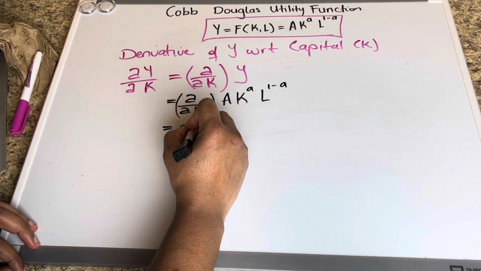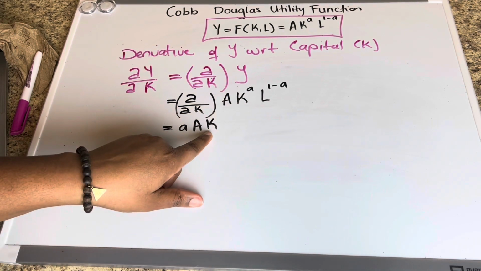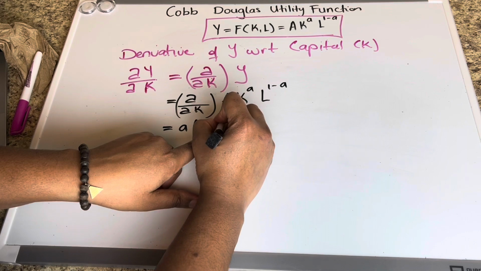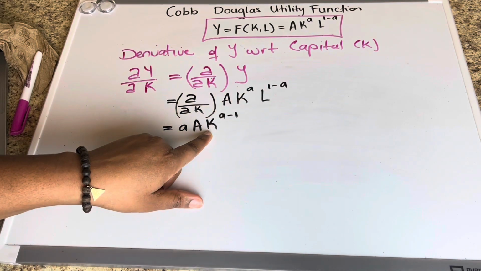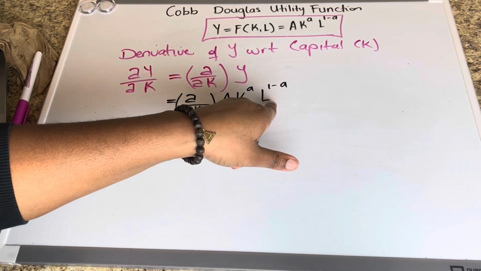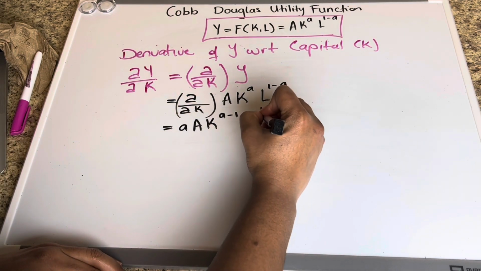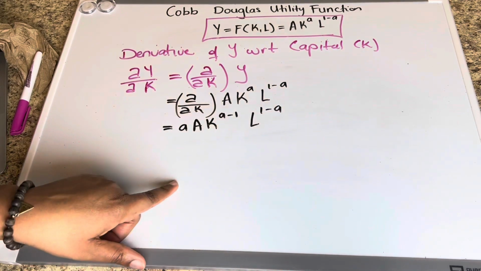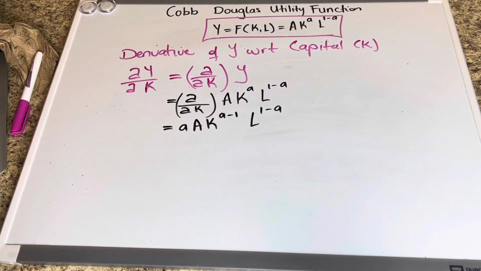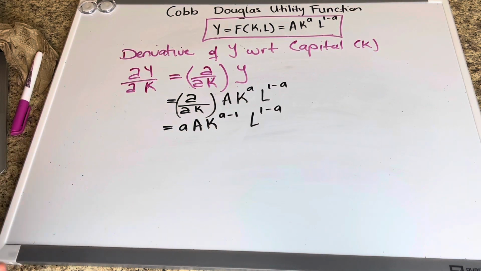And then we're going to write back the function for that portion. And remember, alpha remains and we just minus 1. Because we're not differentiating L, we're going to rewrite this with the same power that it had, 1 minus alpha.